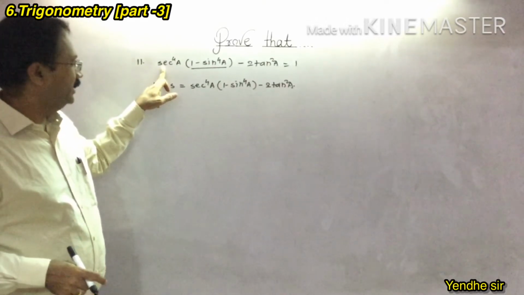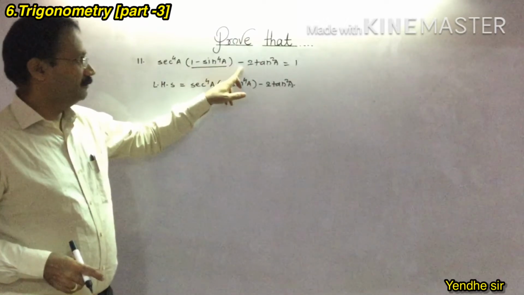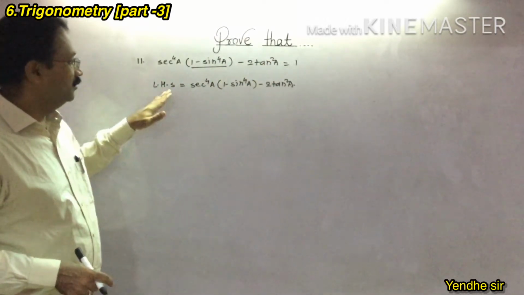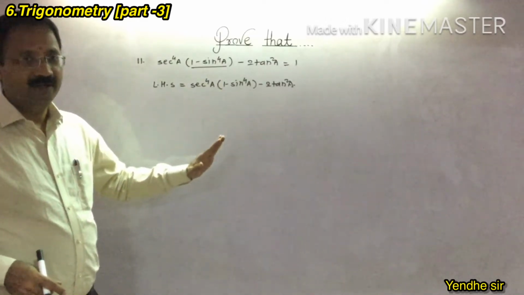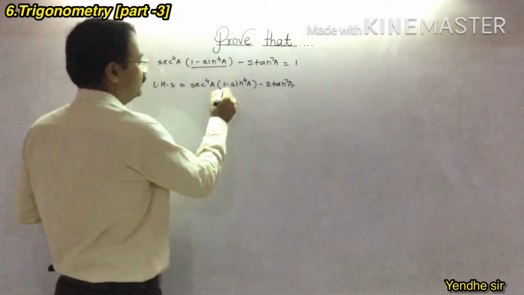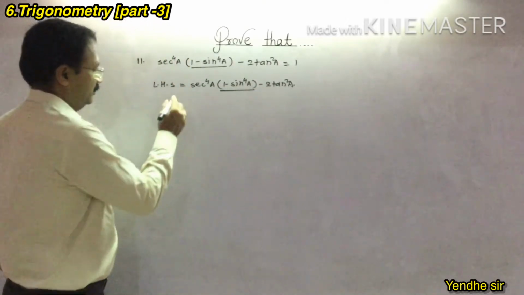Let's start with the different sum. Sec raised to 4a in bracket 1 minus sin raised to 4a, minus 2 tan square a equals 1. Now this is raised to 4a. So here I am going to factorize this first and then I am going to use the rules.